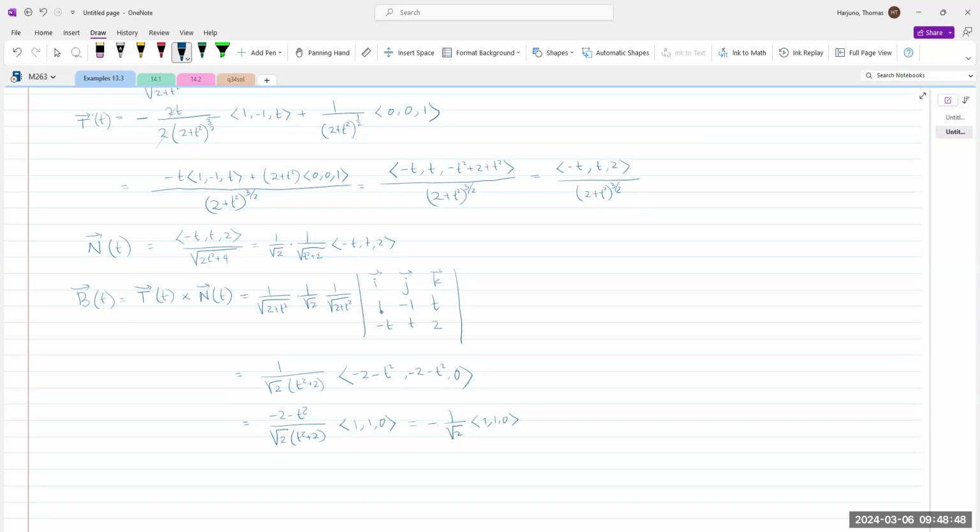Which implies the binormal vector, which is always perpendicular, is constant and it is on the same plane.